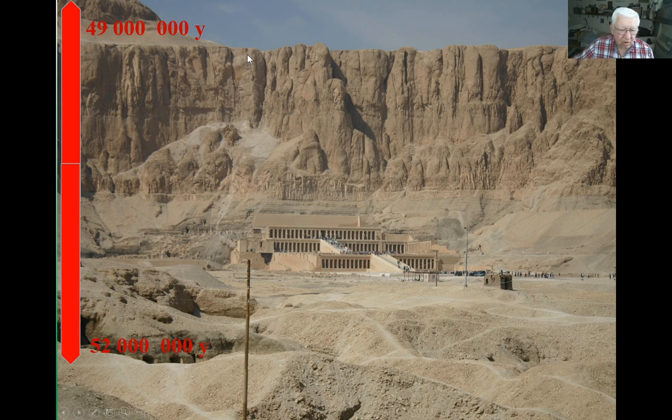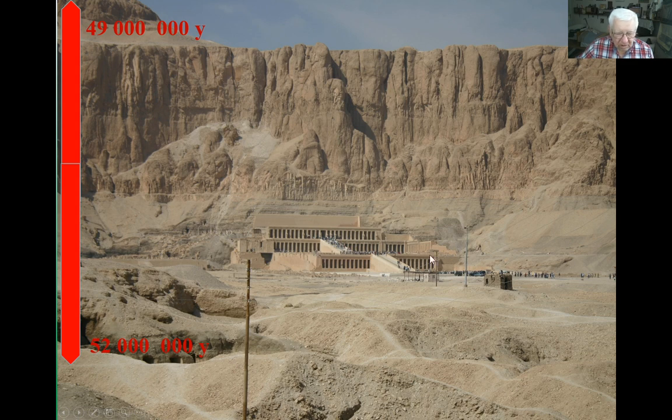This is the lower part of Theban limestones. In the upper part there are the mountain massif, and the temple of Hatshepsut was constructed at the upper part of Esna shales.